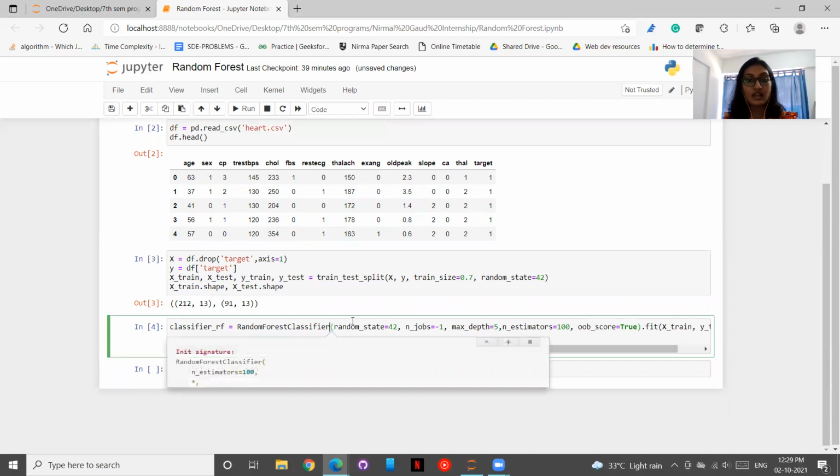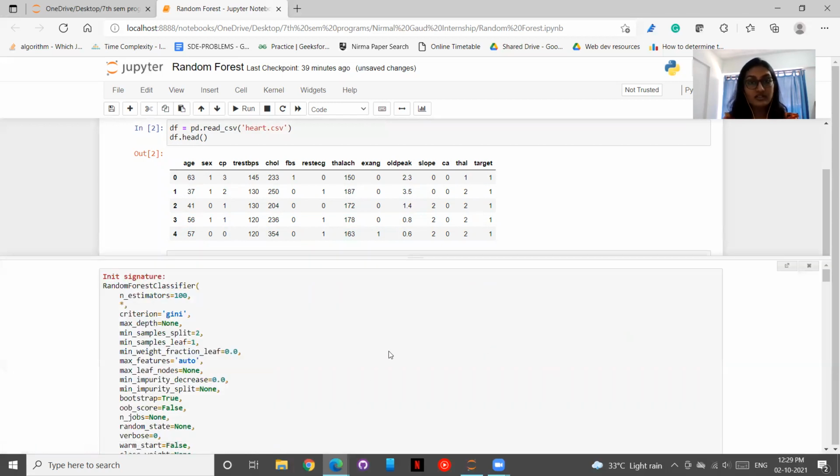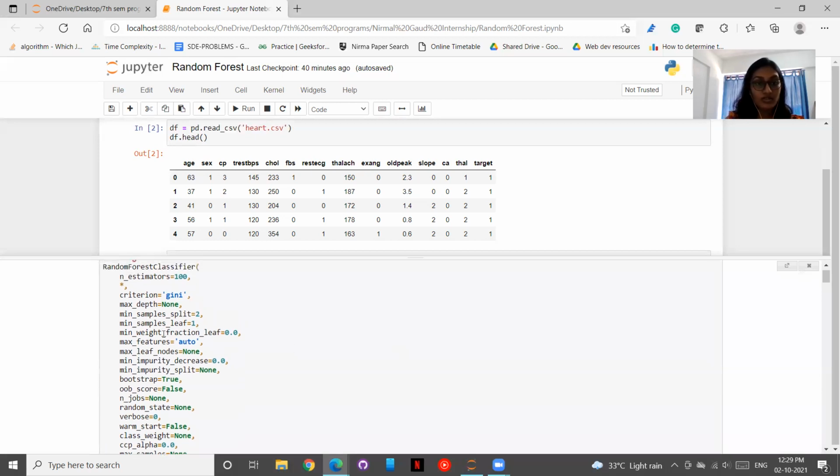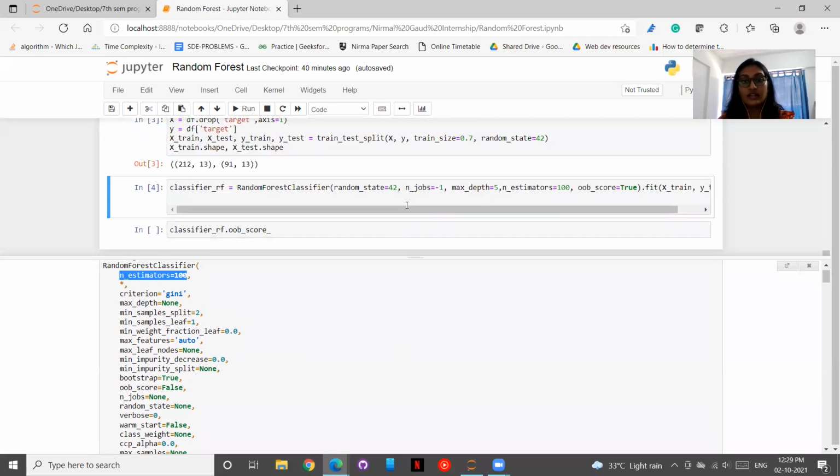Now, let us see some of the important hyperparameters that we have over here. Hyperparameters are used in random forests to either enhance the performance and predictive power of models or to make the model faster. The hyperparameters to increase the predictive power: first, n_estimators, the number of trees the algorithm builds before averaging the predictions.